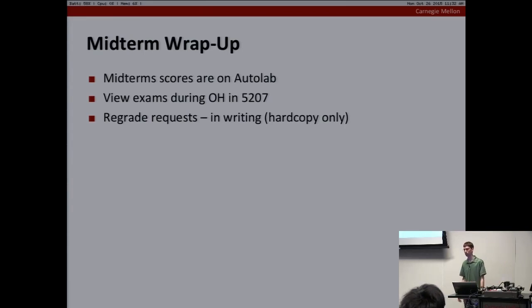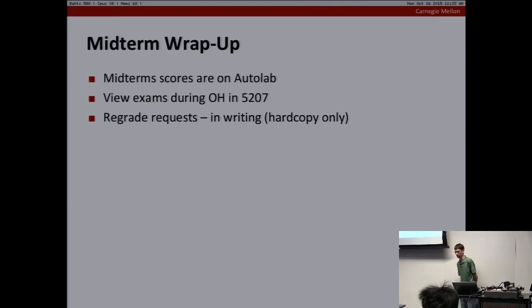We'll be able to let you look over the results again and what the correct answers were if you missed anything. And if you want to make a regrade request, if you feel that you should have gotten credit for an answer and it didn't give you credit for it, or that the credit it gave you was wrong in some way, then you can submit a hard copy written request to Professor O'Halloran. You should do that this week.